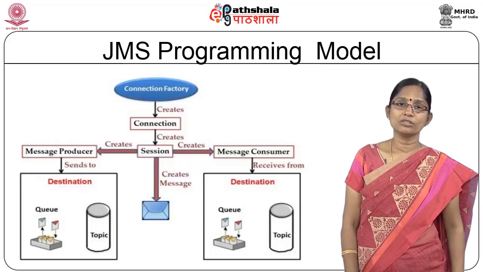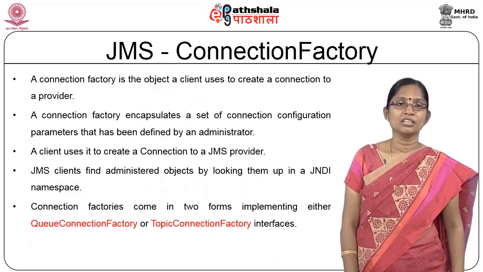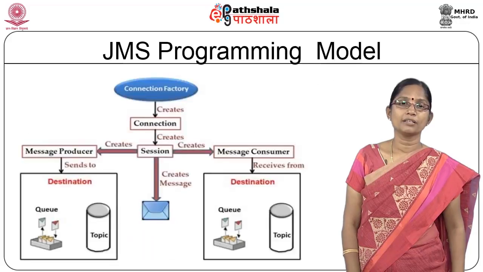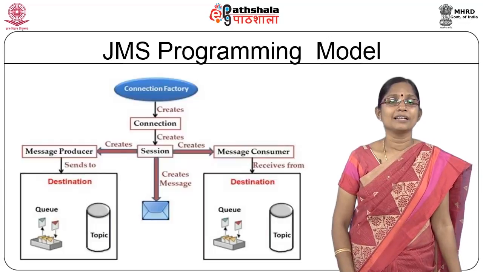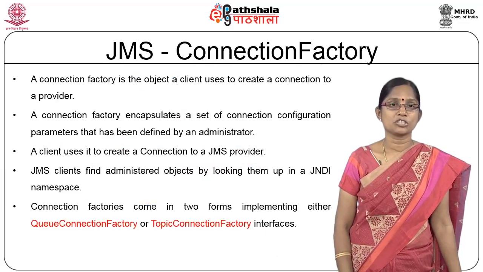Now let us look at this model one by one. Let us start with connection factory. A connection factory is an object that a client uses to create a connection to a provider. You can see that the provider here may be either a producer or a consumer. In order to get a connection with the provider, the connection factory creates a connection.